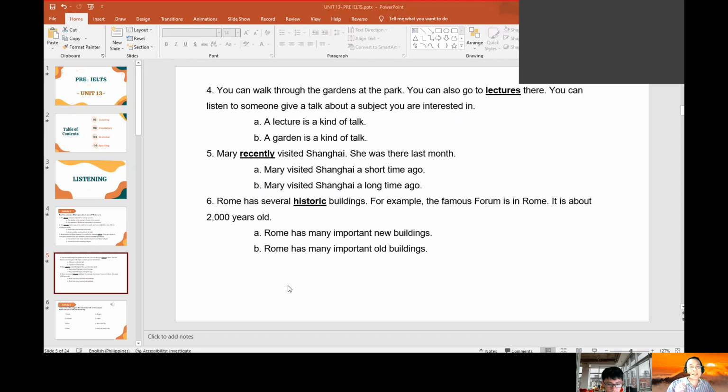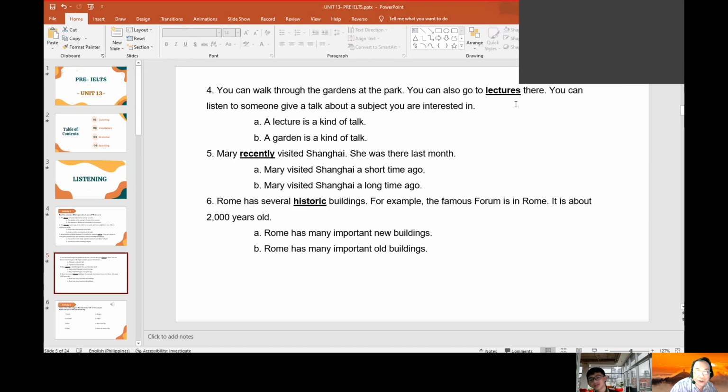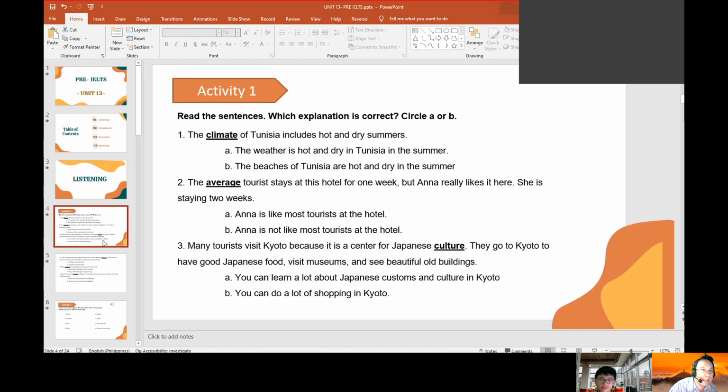That's why it becomes a historic building. Okay, very good. So we all know the meaning of all of these: climate, average, culture, lectures, recently, historic.